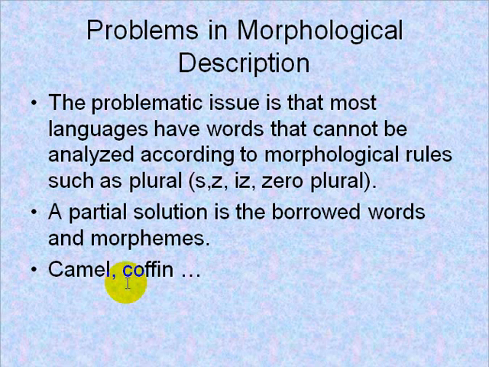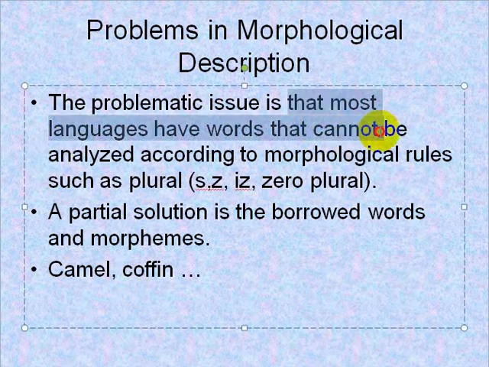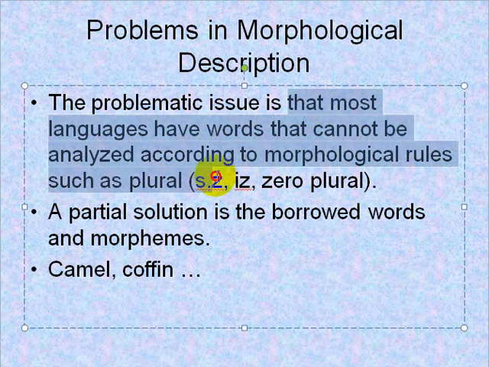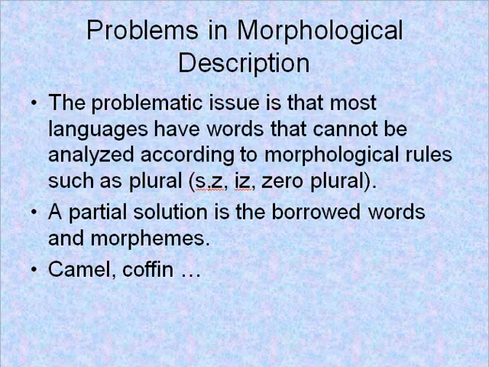This is the point. Most languages have words that cannot be analyzed according to the morphological rules, such as plural s, z, and is. This is a very important point, and that's why in the part 1 lecture I told you there is a great problem when it comes to dealing with words and the definition of words.